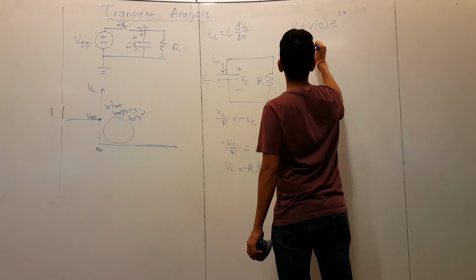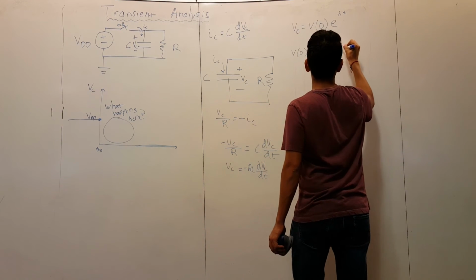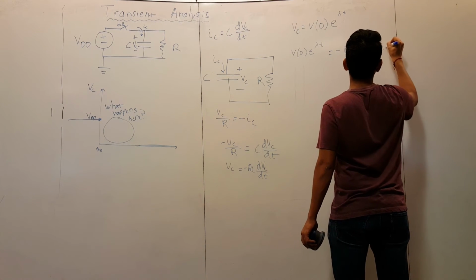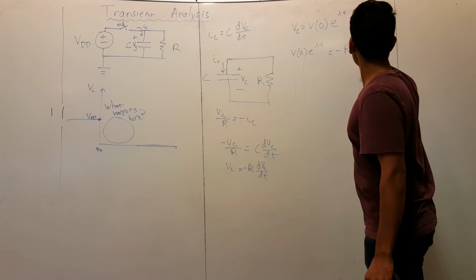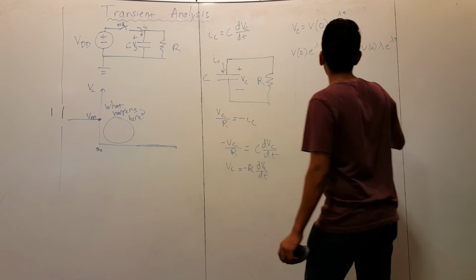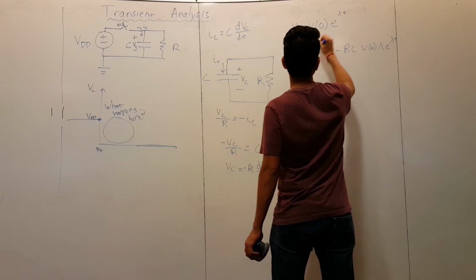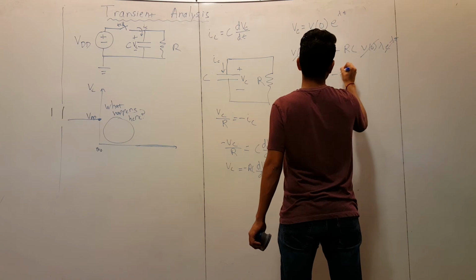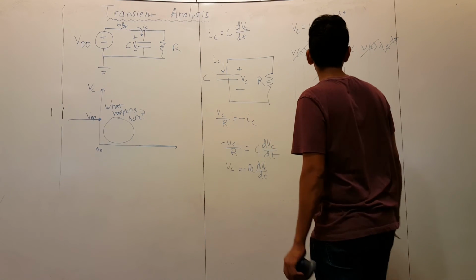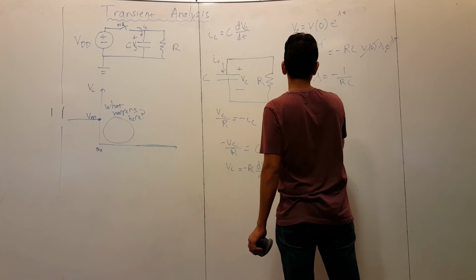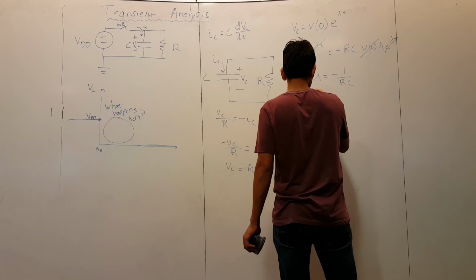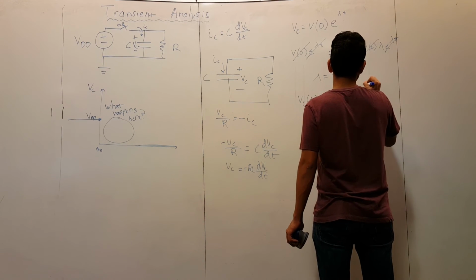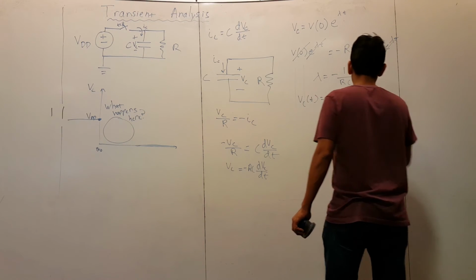We have V of 0 e to the lambda t equals minus RC V of 0 lambda e to the lambda t. This is from taking the derivative: the lambda comes down, and everything else cancels, and we see that lambda equals minus 1 over RC. So now we have VC of t equals V of 0 e to the minus t over RC.